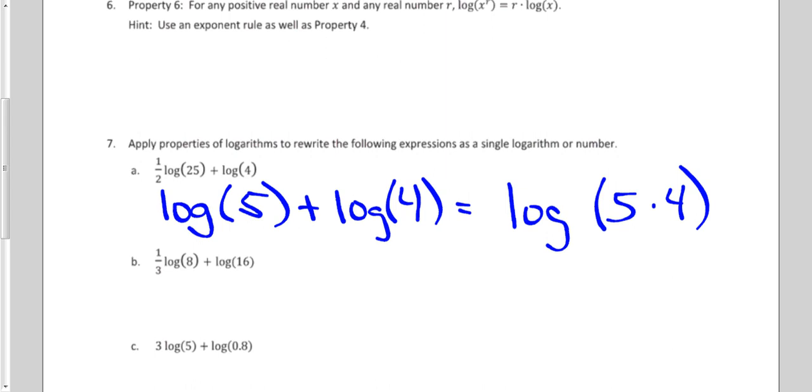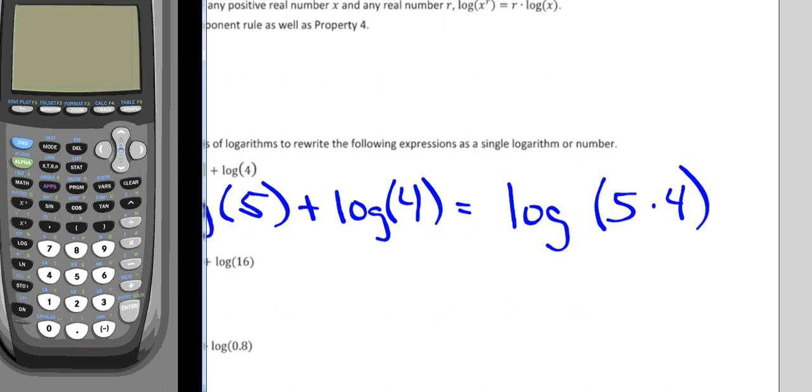How can you do that? Try it. Log base 10 of 5. All right. So when I do log of 5 plus log of 4, I get 1.3010299996.